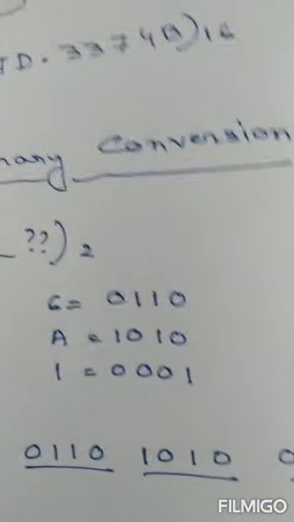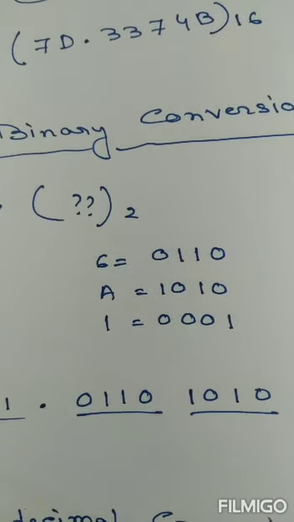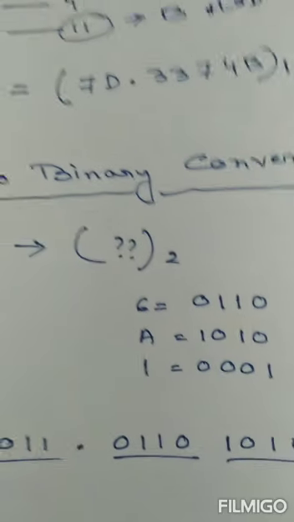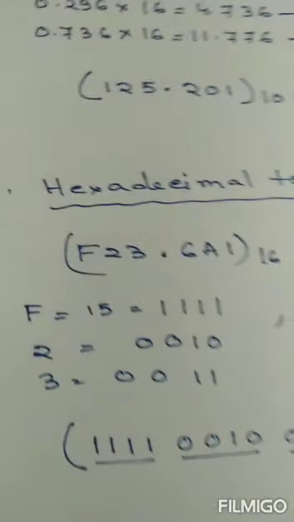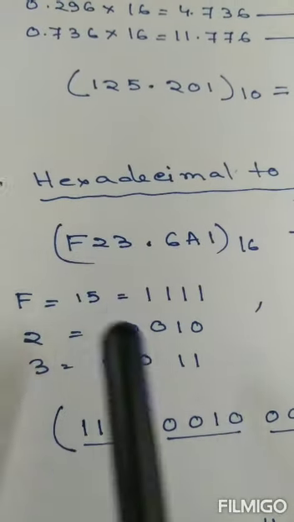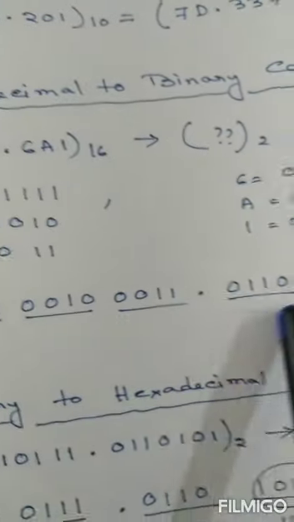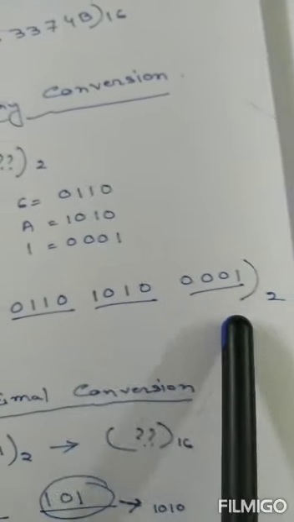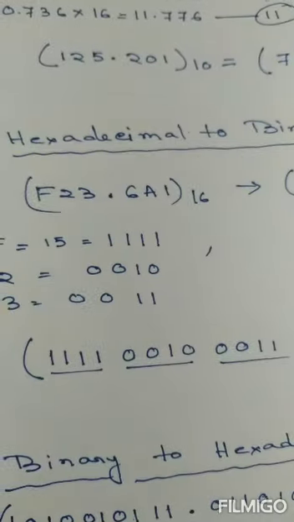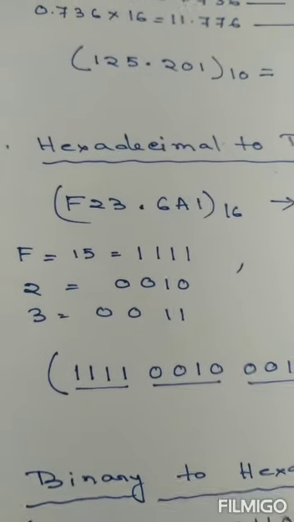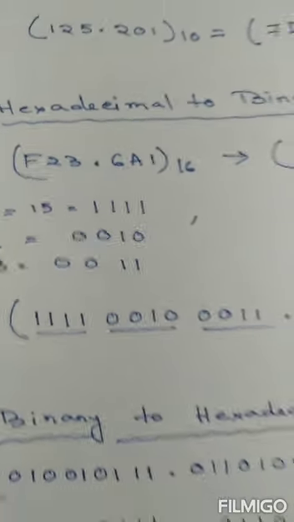Similarly, 6 means 0110. A means 1010 because A means basically 10. 1 means 0001. So first you convert each digit with 4 bits in case of hexadecimal. Now, write the values. This is the final binary number. So, in case of octal, represent with 3 bits, and for hexadecimal, represent with 4 bits.